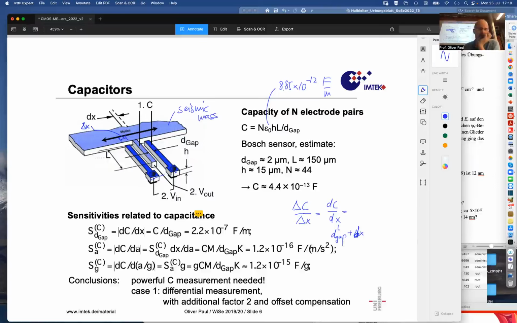If I now translate that into a capacitance change per acceleration, per meter per second squared, I can do dC over dx times dx over dA. This we already have: that's the gap-related capacitive sensitivity. And this is now multiplied with dx over dA, which we already have from before, m over k.